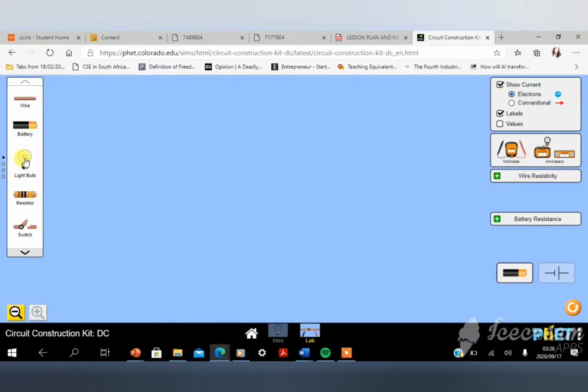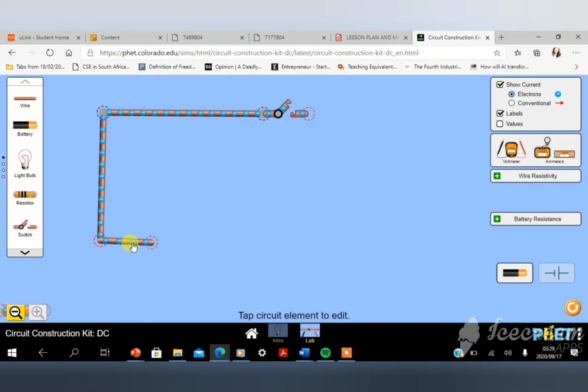Now that we know these components, let us see how they light the bulb up. Here I'm going to use the wire, maybe a couple of wires, and then the switch. Extend my wire and add more wire to make it longer. And then I'm going to put my battery just as I reach the switch, as that's my energy supplier, as we had in the video before.